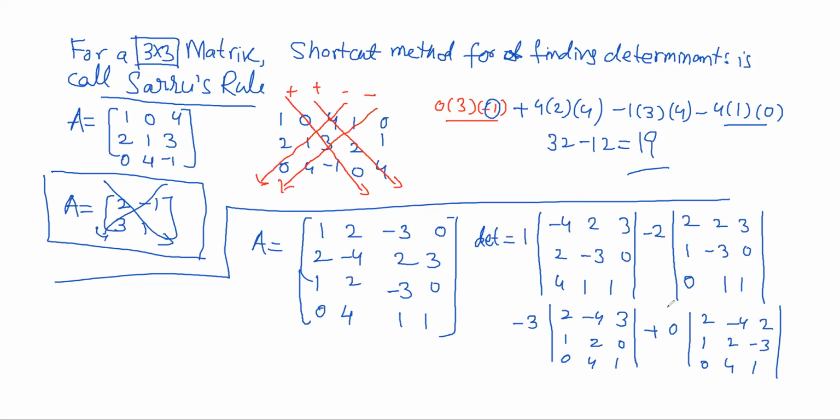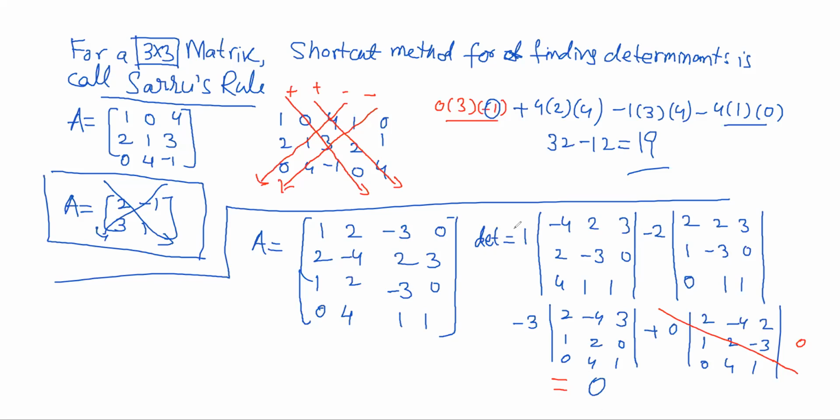Anyway, this value is 0. So you can calculate it by the cofactor method as well. And finally, whenever you calculate it, the answer will be 0 in this case.